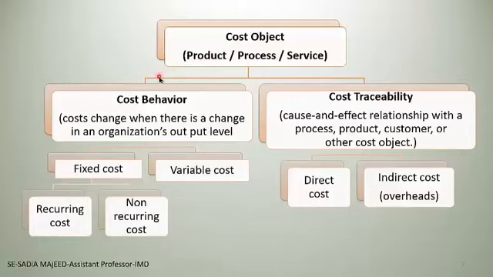Then further, if we go into the details of the cost, cost can be defined or can be classified on the basis of its behavior and on the basis of its traceability. If we are classifying the cost on the basis of the behavior, that means we consider all those costs which change when there is a change in an output level of an organization.